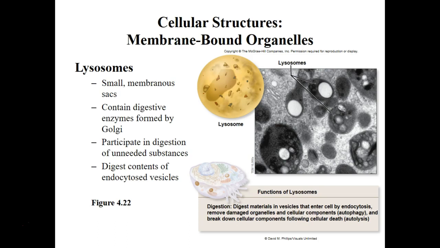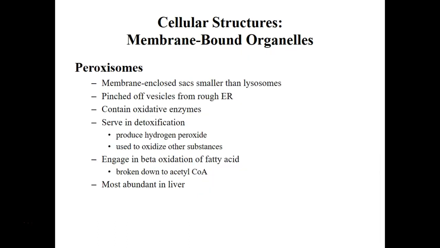And so we now have this wonderful membrane-bound vesicle filled with digestive enzymes that can break down other molecules. It's really important when you have cells that are dying that you need to degrade, or you're trying to kill off disease.